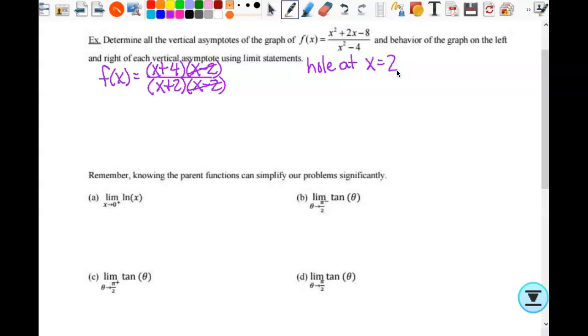I have a hole at x equals 2. It's not necessarily at 2, 0, but it's at 2. I would substitute it back into the reduced form to figure out what my y value is. So the ordered pair, just for the heck of it, would be 6 over 4, which is 3/2. So that's where my hole is, if we needed it. We don't really need it for what we're doing, but again, just talking here.